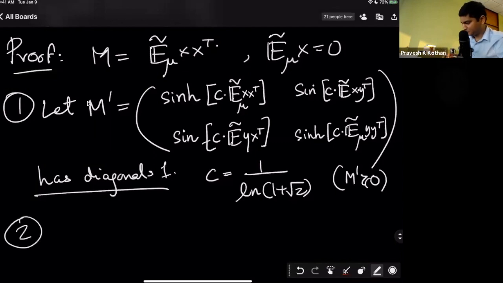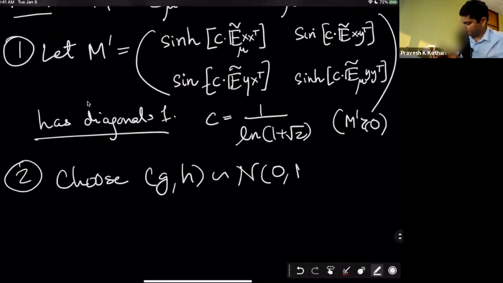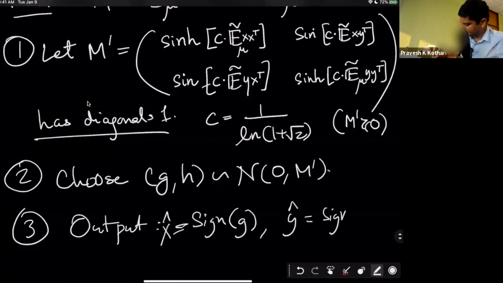Then, you just choose this 2n dimensional vector G comma H with M prime as the covariance. And then you output, and this part we are familiar with now, sign of G as X hat and sign of H as Y hat. Good, that's the rounding.